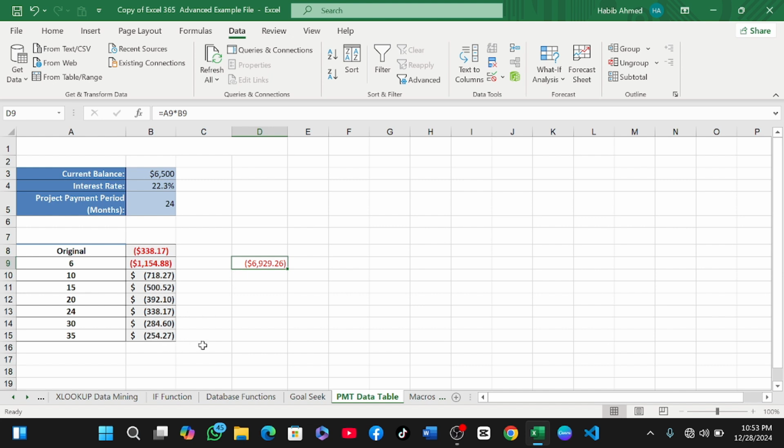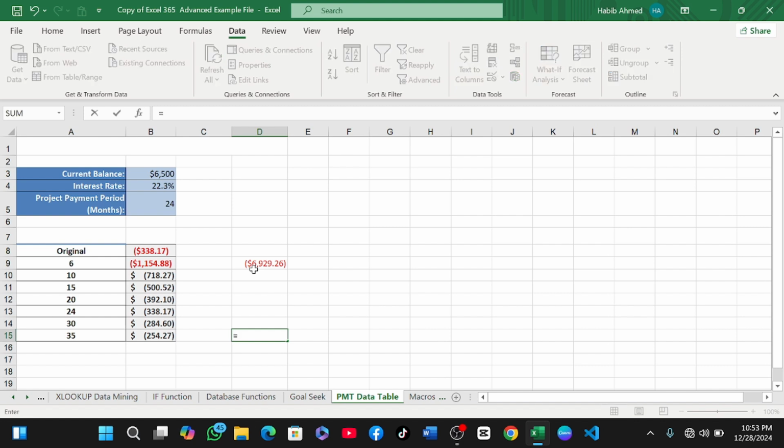And now let's see, for example, this person down here who is paying for a period of 35 months, which is $254. Yes, the amount is cheap, but the interest now is high. You can see it will be more than $8,000, close to $9,000.